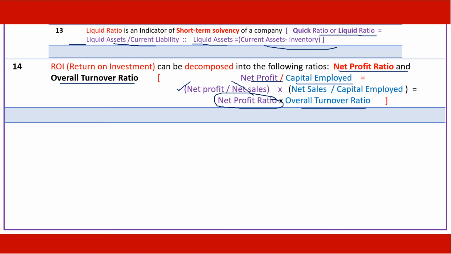If you strike off net sales and net sales, it is net profit divided by capital employed, which is the first formula. Return on investment can be decomposed into net profit ratio multiplied by overall turnover ratio.